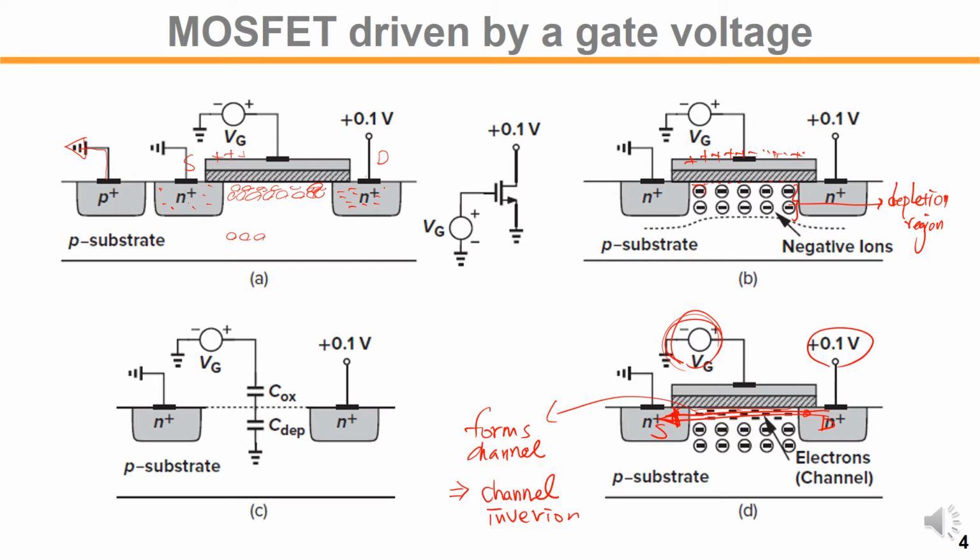This channel inversion happens if Vg is greater than or equal to a certain threshold voltage, called VTHN. In modern technology, that is around 100 to 300 millivolts, or a few hundred, depending on the device type.